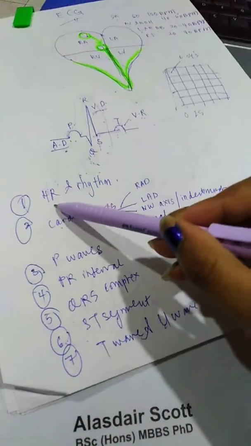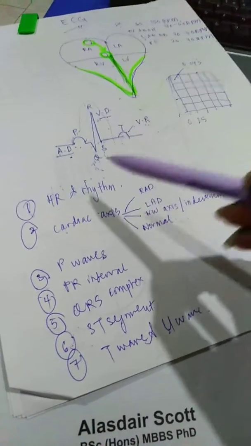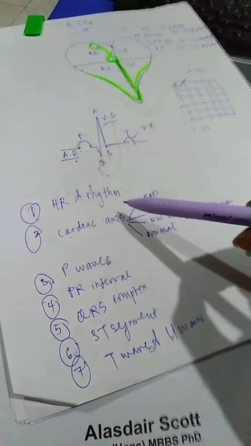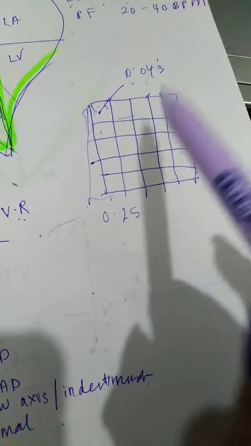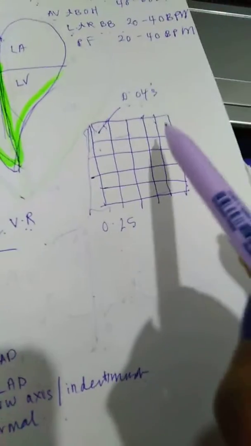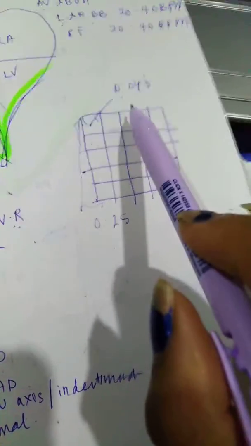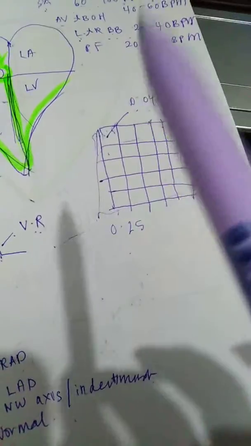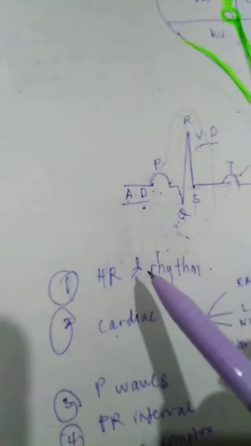So talking about heart rate and rhythm, how do you evaluate or calculate your heart rate? As I taught you, the small boxes here play a very important role, and they let you calculate your heart rate.